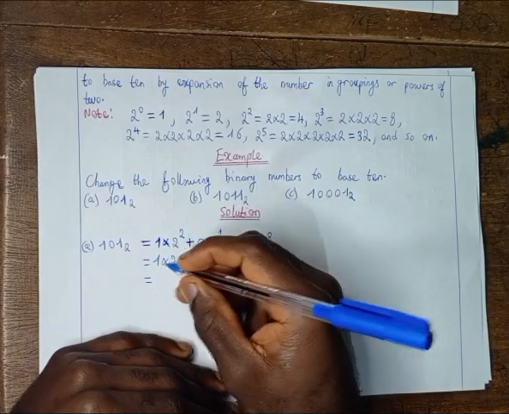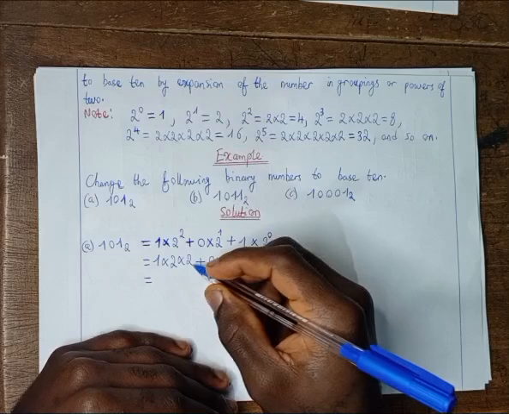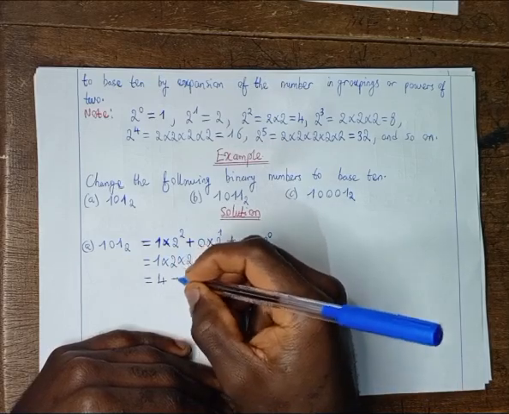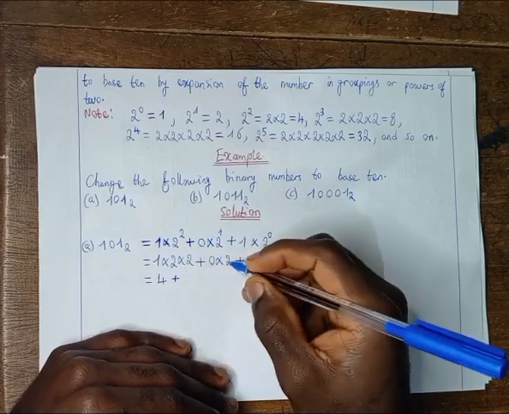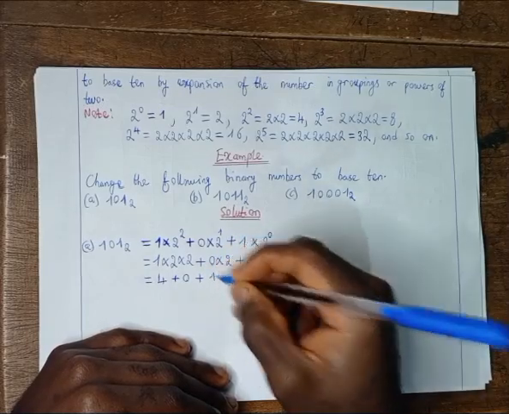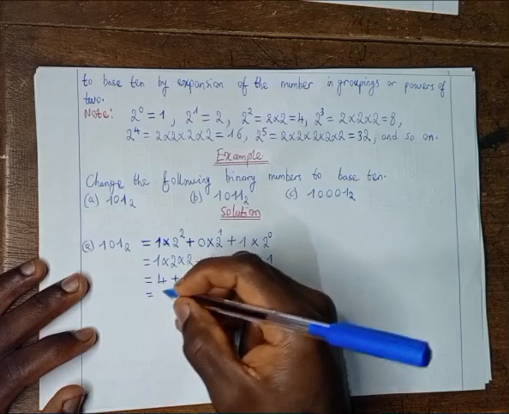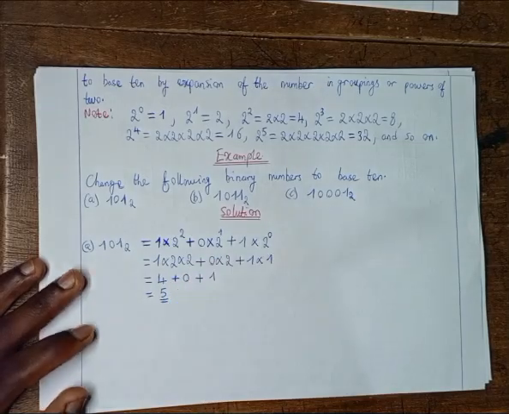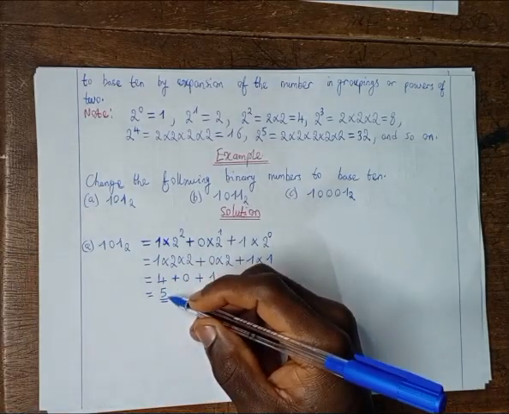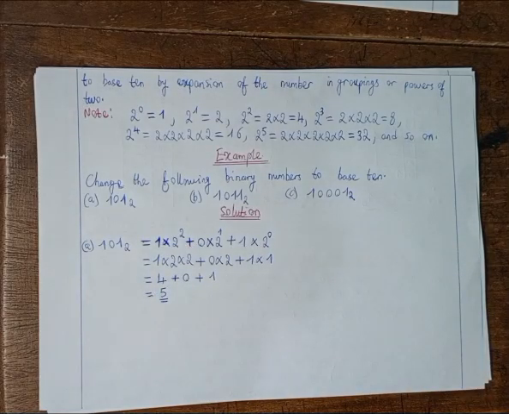Simplifying, 1 times 2 gives us 2, 2 times 2 gives us 4, plus 0 times 2 gives us 0, plus 1 times 1 gives us 1. If we add 4 plus 1, we get 5. That means the number 5 in base 10, when you convert 5 to base 2, you obtain 101.